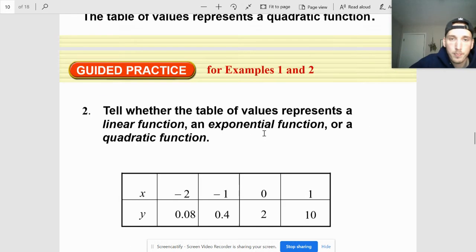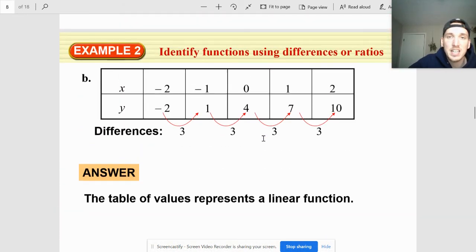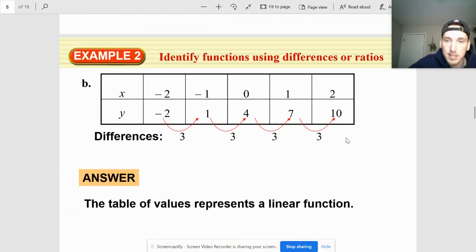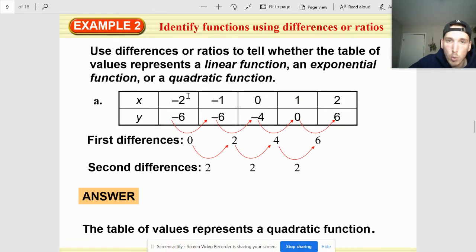Quick recap. If a function is linear, its table will increase by the same amount or decrease by the same amount. In this case, it's adding 3 each time. That makes it linear. The next example was quadratic because although it wasn't being added by the same amount each time, it goes up 0, 2, 4, 6.